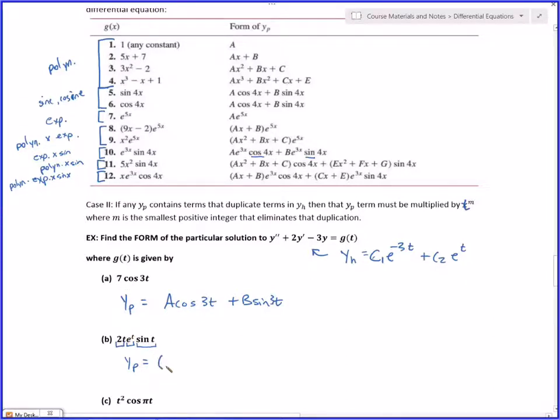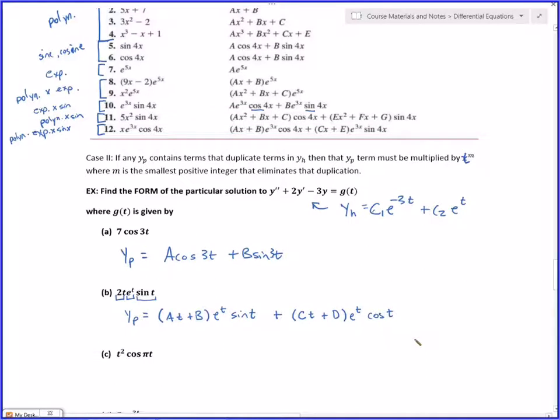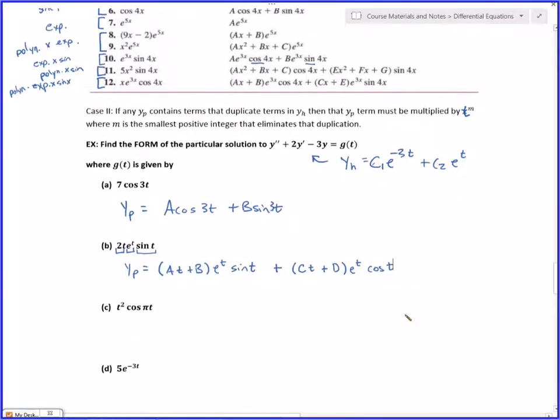So it looks like (at + b) e^t sin(t) plus, you just keep going up on your parameters, (ct + d) e^t cos(t). Now, e^t sin(t) and e^t cos(t) are not one of these solutions. Neither is t e^t sin(t) or t e^t cos(t). So I don't need any extra t's in those cases.